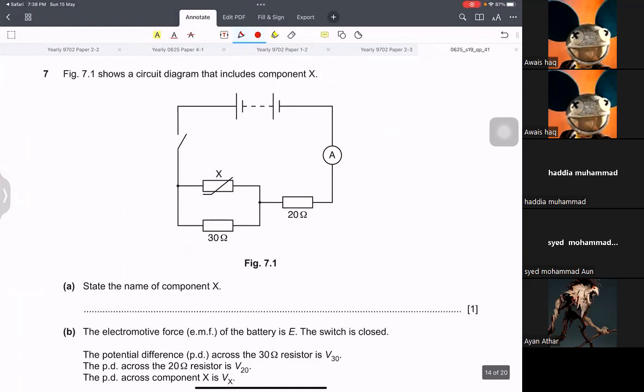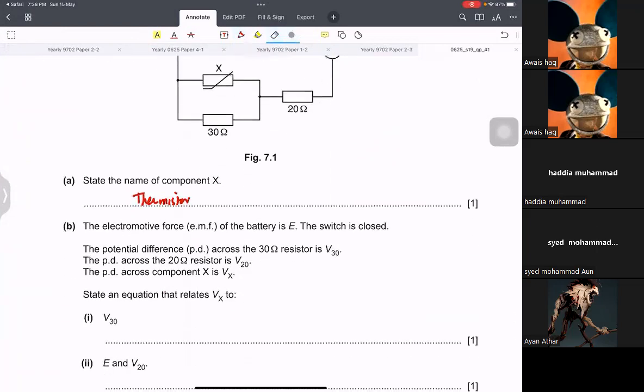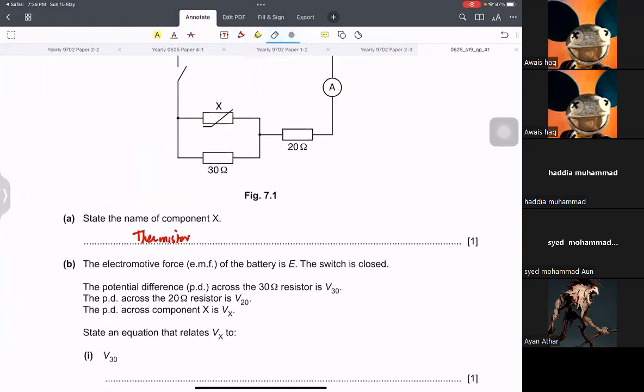State the component X: thermistor. EMF for the battery is E, so its potential difference across 30 is V30.